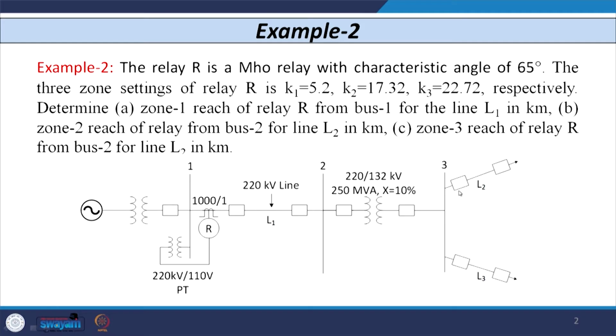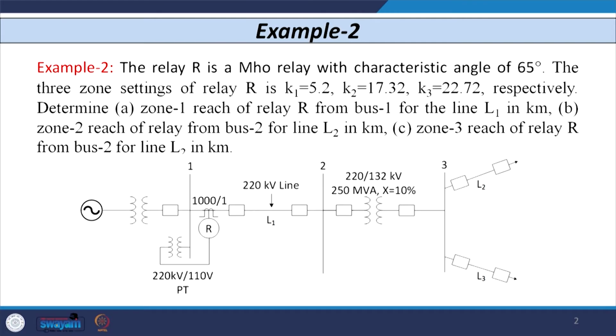So for zone 2 reach we need to find it for line L2 in kilometers, and in the same way for part C we need to determine the zone 3 reach of relay R from the same bus for line L2, and that is also in kilometers.